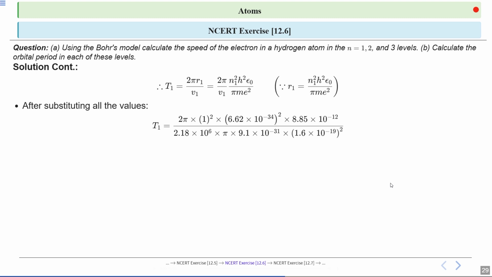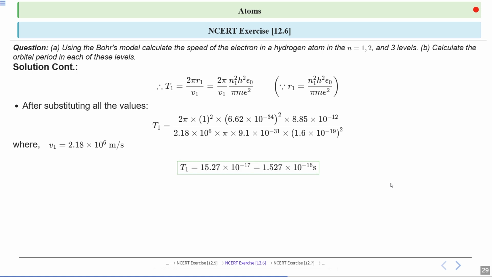This looks complicated, but it's just plugging in the constants. Here we are reminded that the speed of the electron in the first orbit V1 is 2.18 times 10 to the power 6 meter per second. This value comes from the Bohr model formula for electron speed.